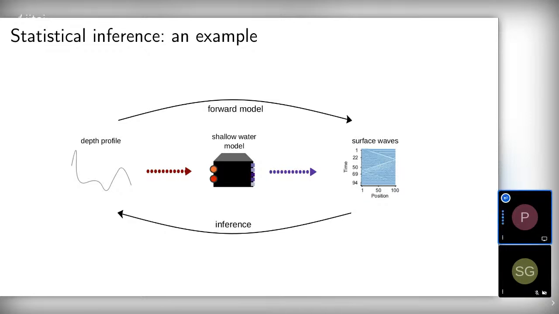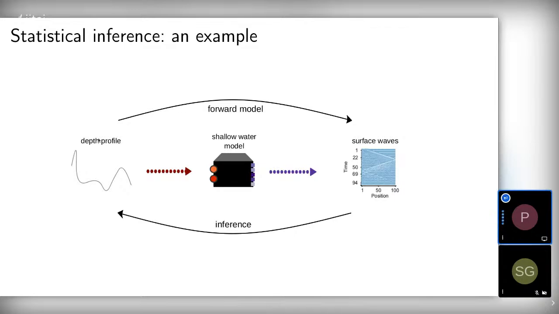Going from surface waves to depth profile is really hard because this is complicated data. The surface wave is essentially a 100 by 100 matrix of surface wave height, and the depth profile again is a really big vector, and it's hard to do this input-output mapping where your input is the surface wave and your output is the depth profile.